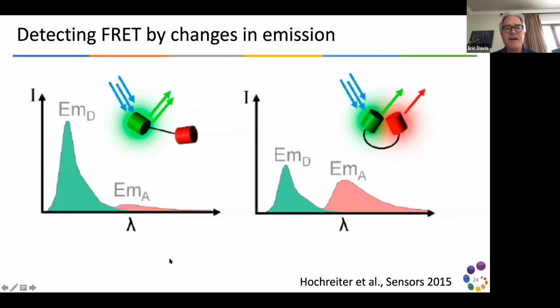You can measure FRET in a variety of ways, but most commonly it's by changes in fluorescence emission. So on the left, if there's not very much FRET, when the donor is excited, most of the fluorescence emission comes only from the donor, but when they're close to each other, there's less emission from the donor and an increased and acquired emission from the acceptor.